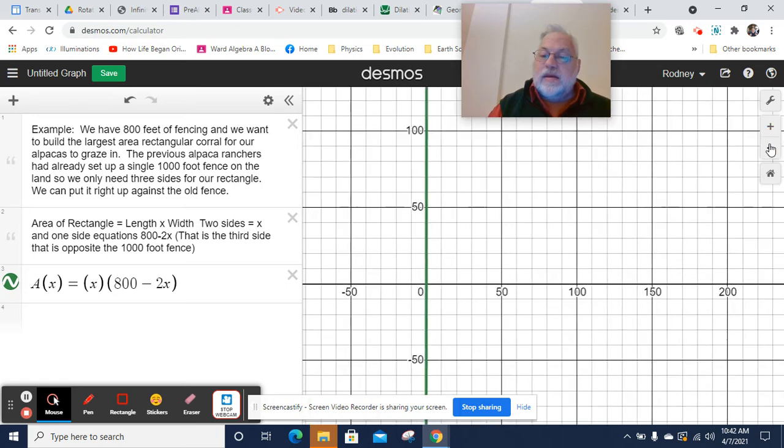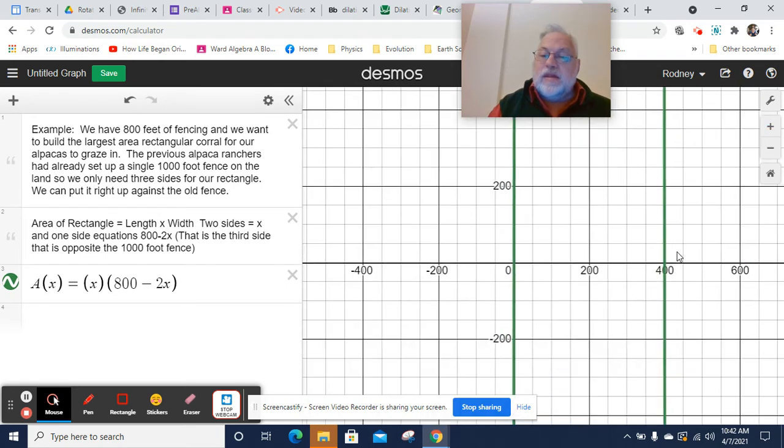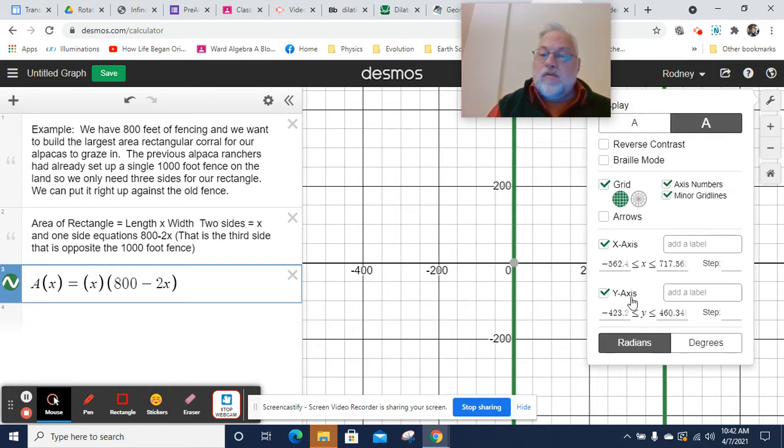It's at 400. By the way, if we make one of the x sides 400, then the 800 minus 2x side is going to be 0. These are the 2 points where we crush our alpacas, and don't do that. Criminal action might take place, and criminal courts might be involved.